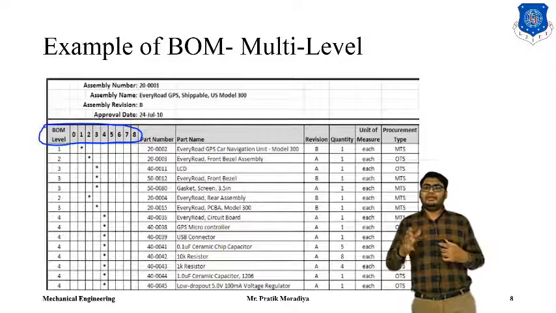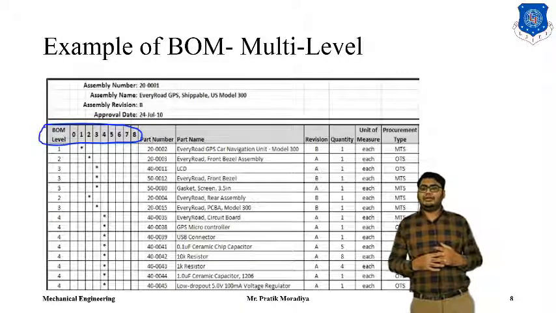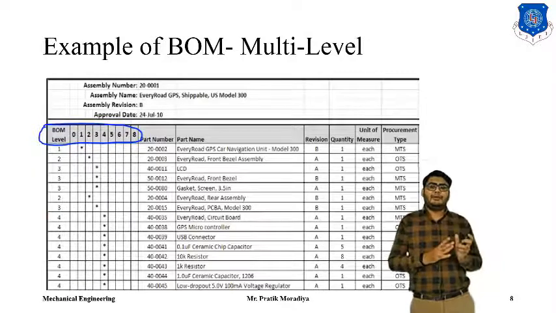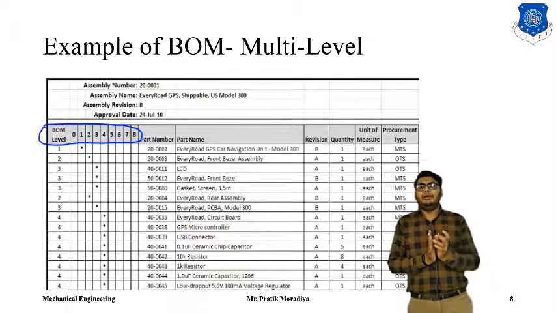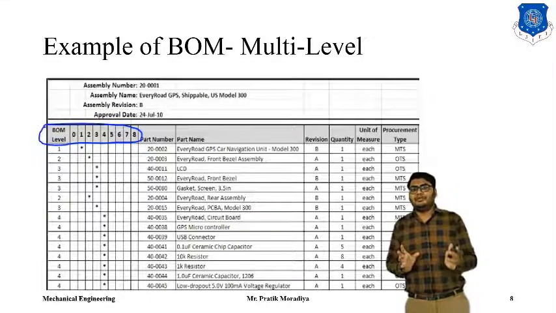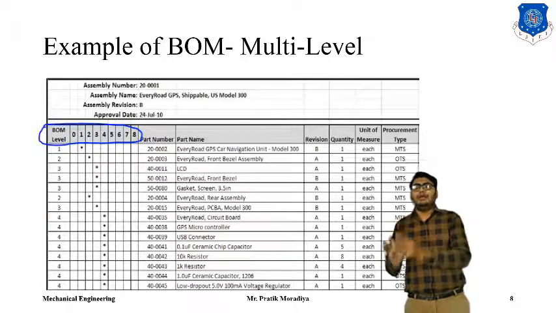For example, in this template, there is a level 4, and there are some parts in level 4. That means that those are level 4 parts. Those need to be assembled to make some level 3 components. After those level 3 components, they will be assembled with other level 3 components that we have purchased, and we will get a level 2 assembly.